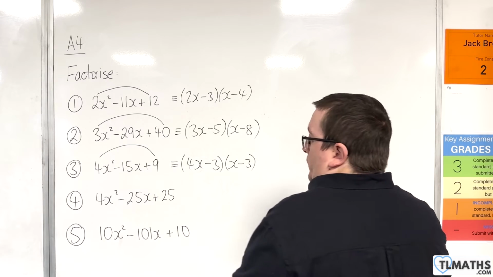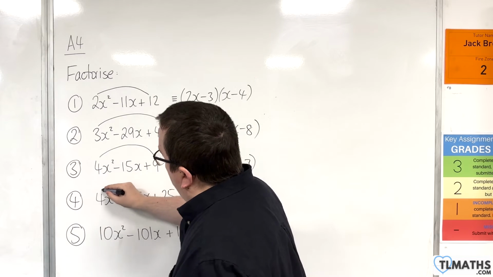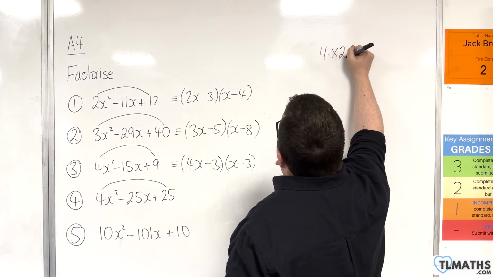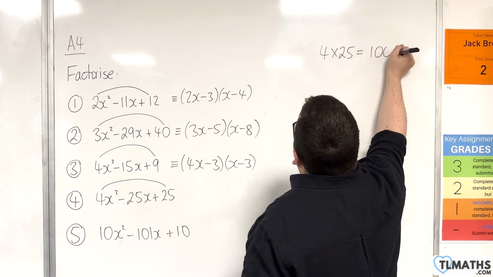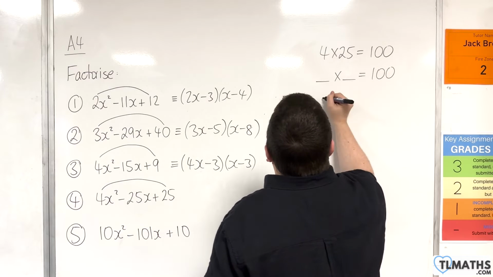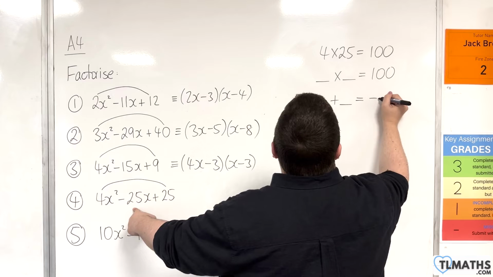Right, number 4. 4x squared take away 25x plus 25. So we're going to multiply the 4 and the 25 together first. 4 times 25 is 100. So we're looking for two numbers that multiply together to make 100, but add together to make minus 25.